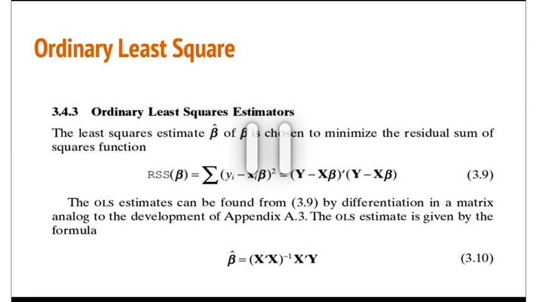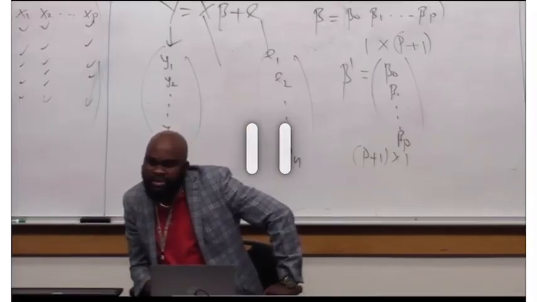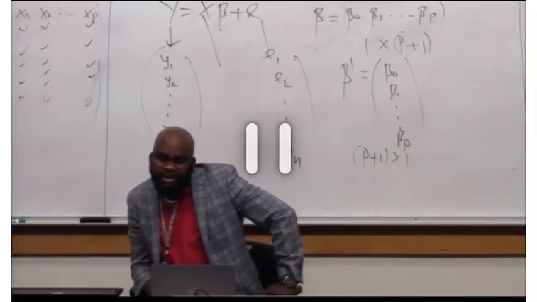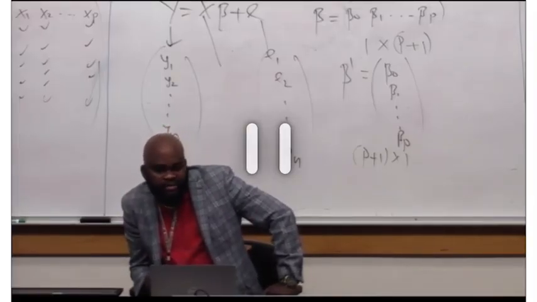Now I want to move into ordinary least squares. How do I derive the formula that I'm going to use to estimate the regression parameters in my model? Before I can make sense of what the relationship is going to be, the parameters in the regression model need to be estimated.